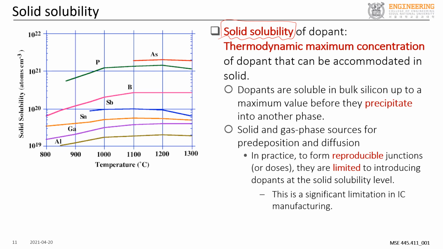The solid solubility is basically the maximum concentration you will get if you just wait long enough. So that's a thermodynamic equilibrium for the concentration of dopants. It's a function of temperature for famous dopants and other species in silicon.